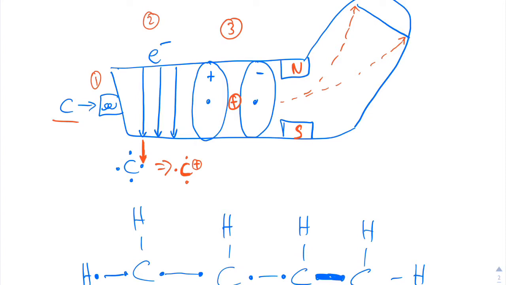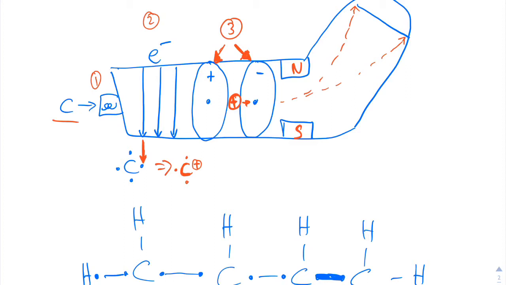Once we have an ion, it can interact with an electric field. These two plates right here turn on and cause my positive charge to move forward. It's attracted to the negative plate and repelled from the positive plate, which gives it forward motion and shoots it forward.